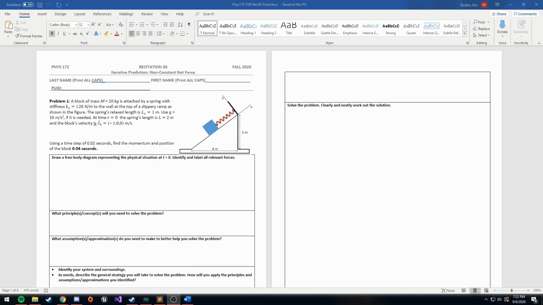Well, I suppose it'd be k_s times the, well, if you want to break it down into X and Y components, we can do that in a sec.